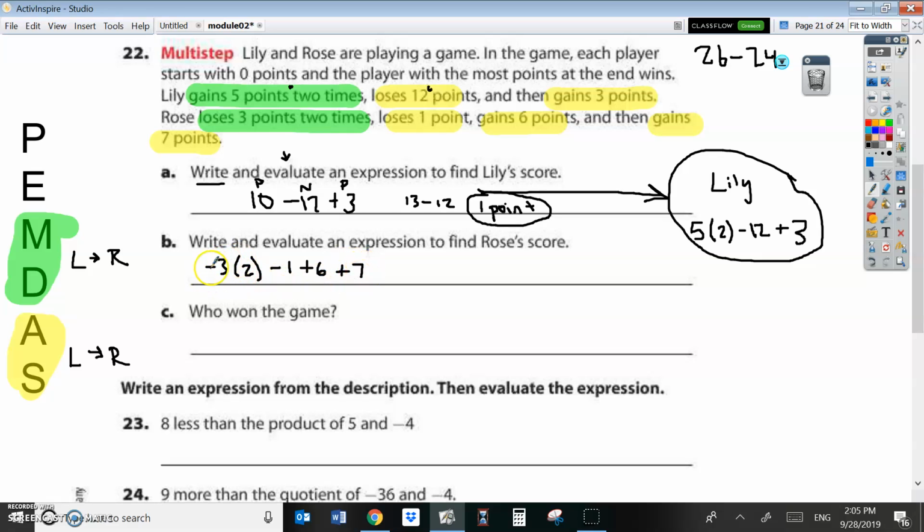So, negative 3 times 2 is negative 6 minus 1 plus 6 plus 7. Look here. This negative 6 and this positive 6 cancel. So now you have minus 1 plus 7. So her score is going to be 6 points. So Rose won the game.